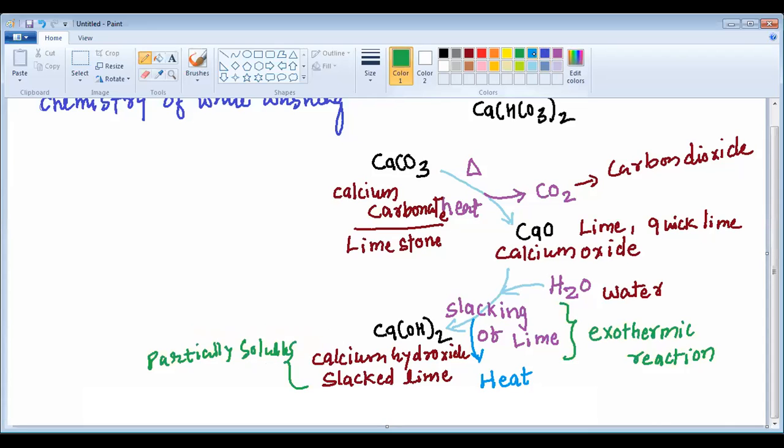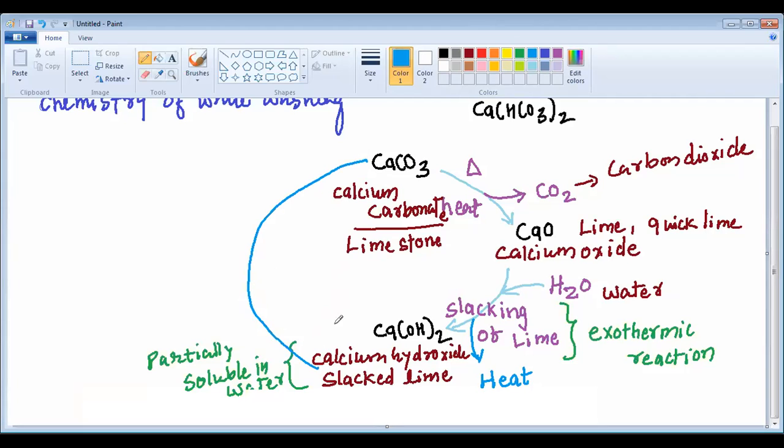And that is why we perform a process, and this process is known as filtration, my dear students.